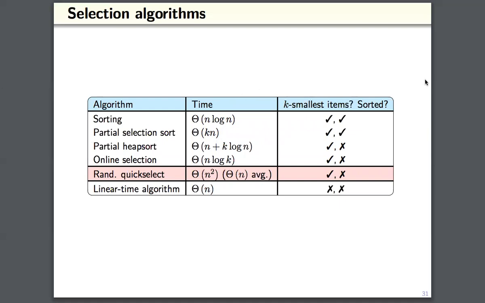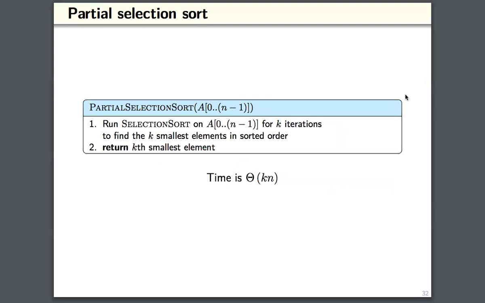For many problems, the simplest thing to do is just sort and use the results, but that might not always give you the fastest algorithm, so you should be careful. n log n is independent of k, but kn depends on k.